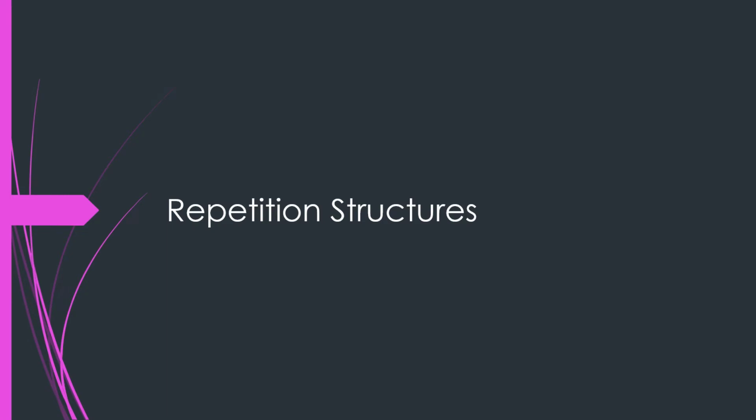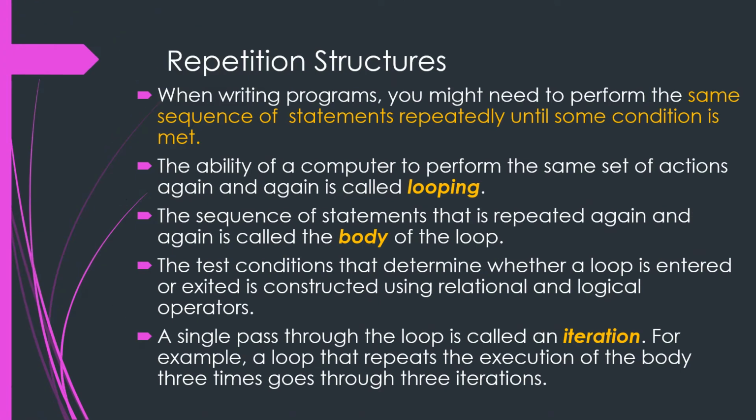Now let us move to our next topic, repetition structures. When writing programs, you might need to perform the same sequence of statements repeatedly until some condition is met. The ability of a computer to perform the same set of actions again and again is called looping.